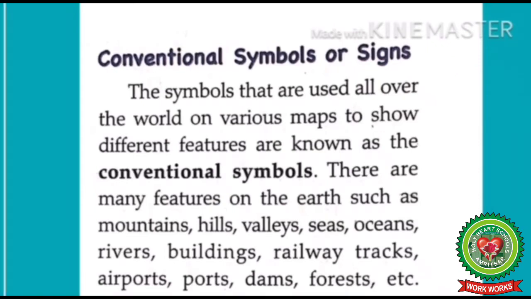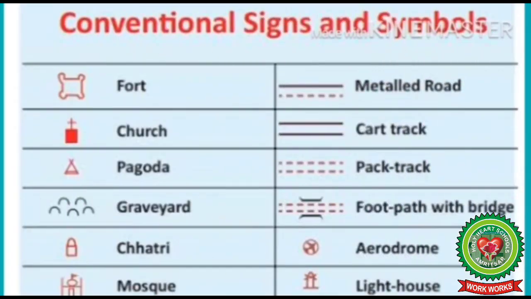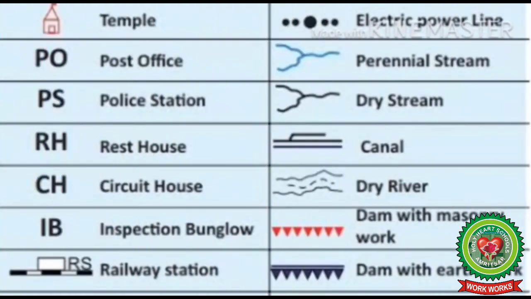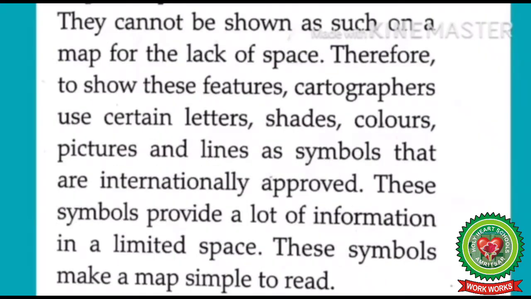There are many features on the earth such as mountains, hills, valleys, seas, ocean, airports, ports, dams, forests, etc. They cannot be shown as such on the map for the lack of space.